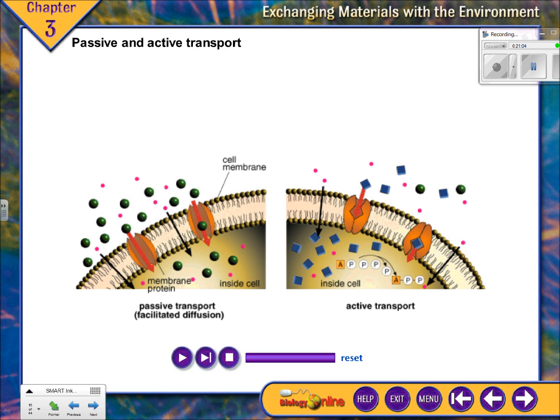The molecule fits perfectly in one side, and when it makes that connection, it changes the shape and lets it go out the other side, or the inside. So we could go against a concentration gradient, uses energy, in this case uses a transport protein that requires energy, like a pump. Do you see all the questions I could ask you? That was just on the active. I could do the same with the passive.